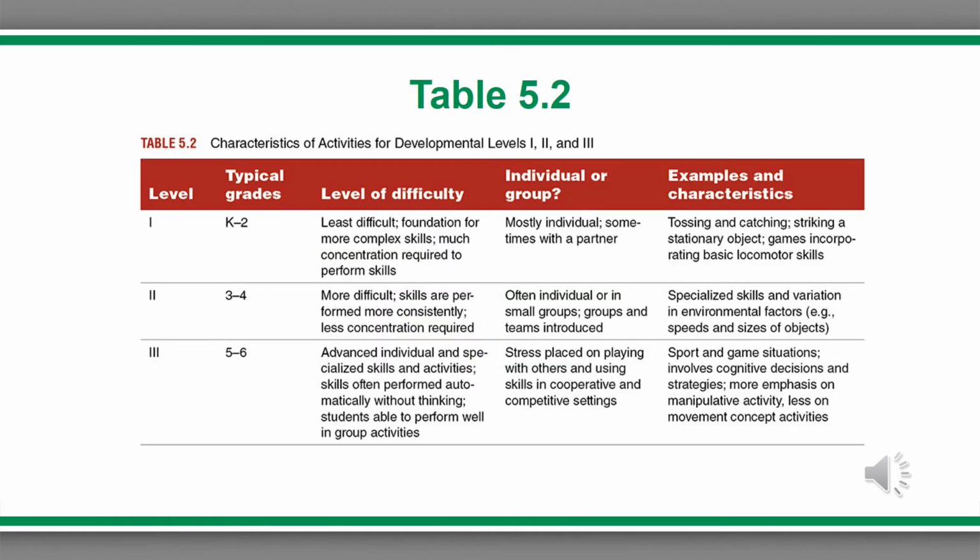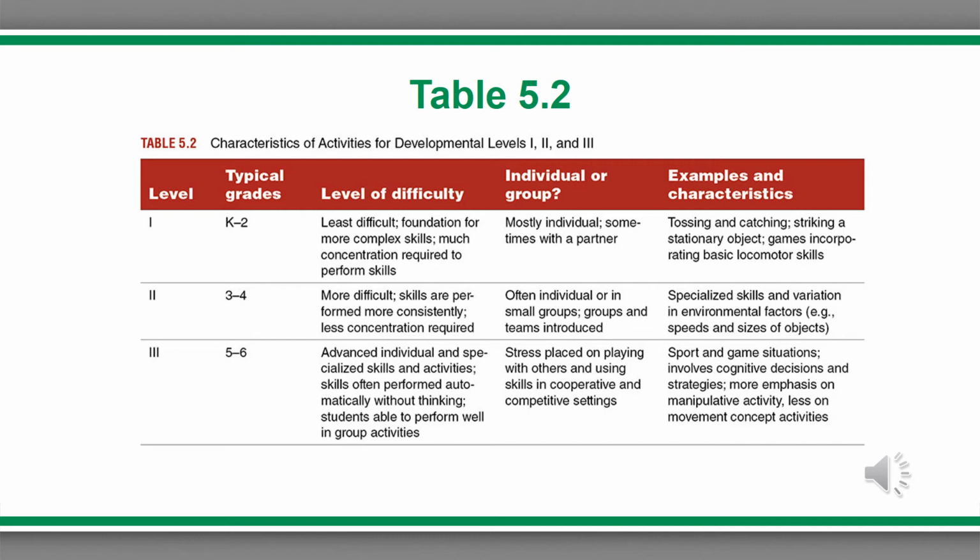So this is the table found on page 88 where they show the first column is the developmental levels, the grades for the developmental levels, and then look at the level of difficulty. Least difficult, more difficult, advanced individual and specialized skills, okay? Is it an individual or a group type of activity?